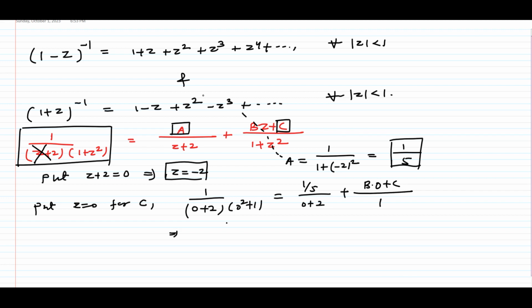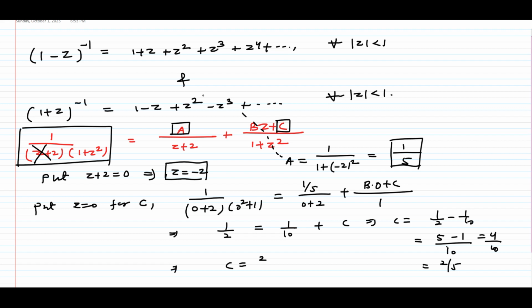So by solving we get 1 upon 2 equals 1 upon 10 plus c. So by solving we get the value of c, that is 1 by 2 minus 1 by 10. So LCM will be 10: 2 times 5 is 10, and 10 times 1 is 10, that is 5 minus 1, that is 4 by 10, and this value is equal to 2 by 5. So we get the value of c, that is 2 by 5.